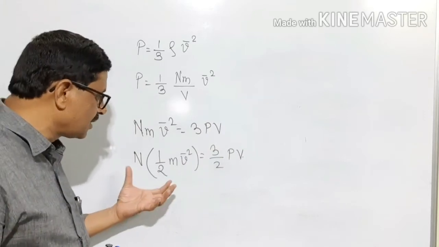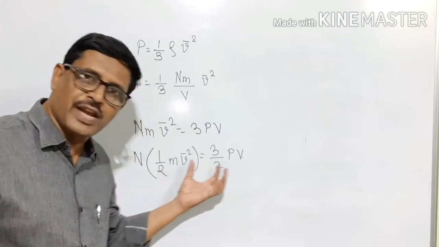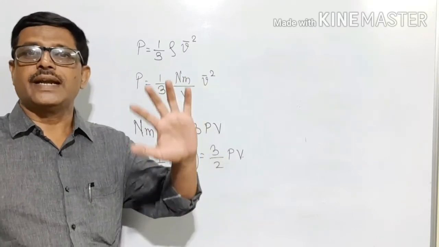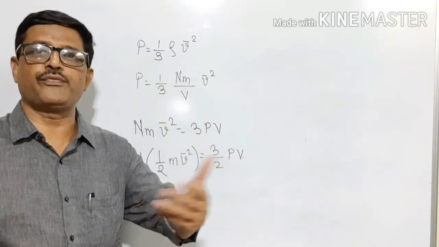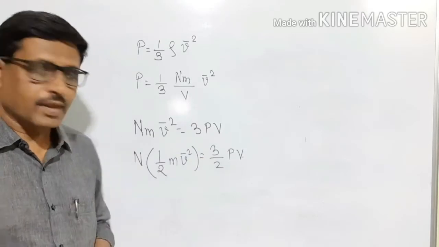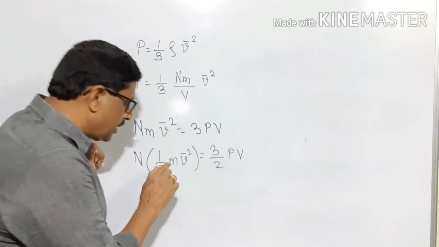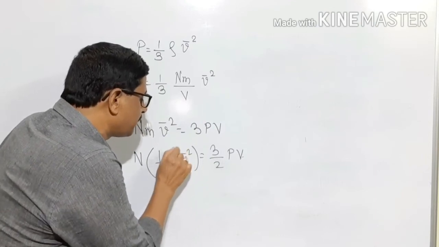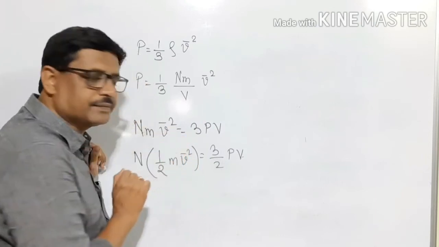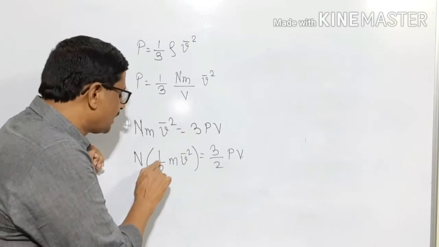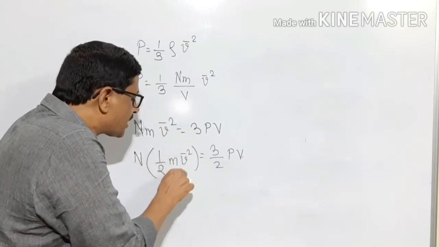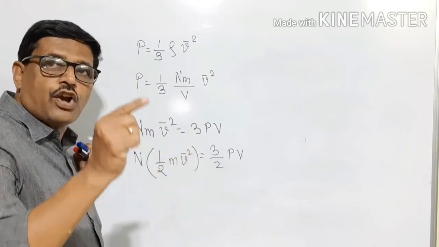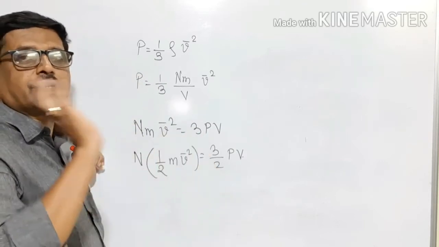What is important here is not the equation we have taken, but what this equation interprets in terms of physics. Here m is the mass of each molecule of a gas and V bar square is the mean square velocity of the gas. Therefore, half m into V bar square is the average kinetic energy of a single molecule in a gas.